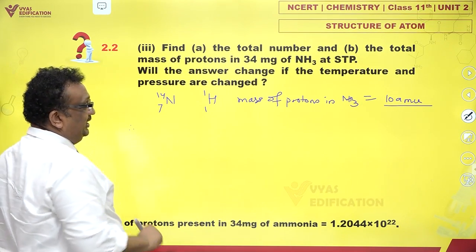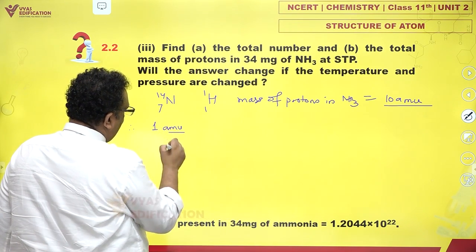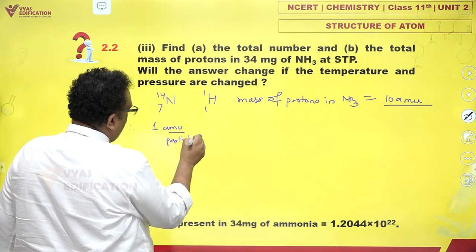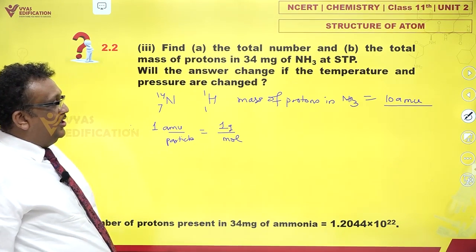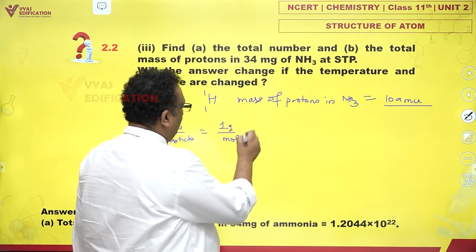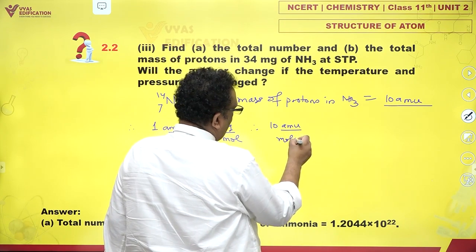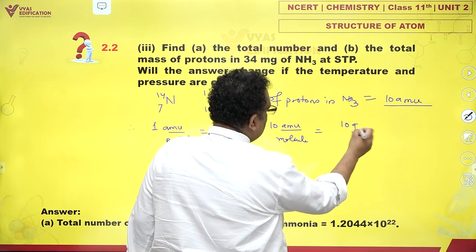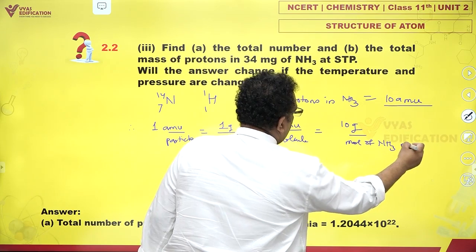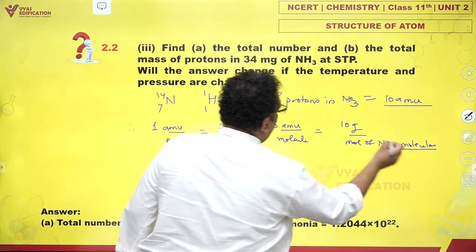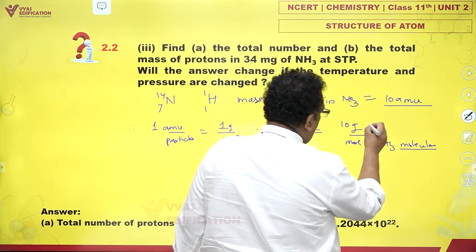Therefore, 10 AMU. Now, 1 AMU per particle is equal to 1 gram per mole by definition. So therefore 10 AMU per molecule is equal to 10 grams per mole of ammonia molecules. 1 mole of ammonia molecules contains 10 grams of protons.